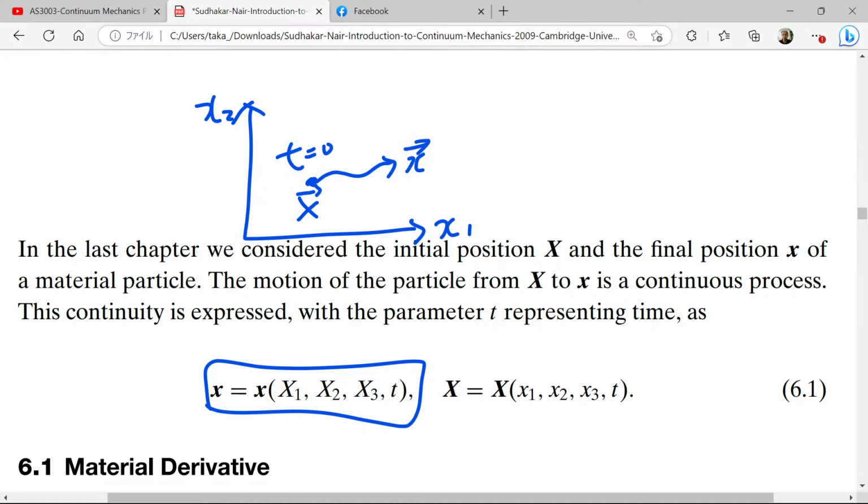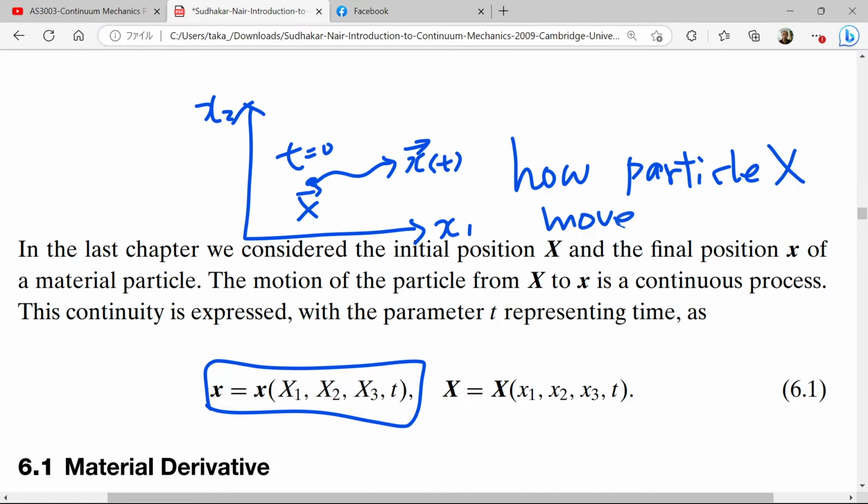This other position is called small x, and this is a function of time. So this is particle X, and how particle X moves with time.